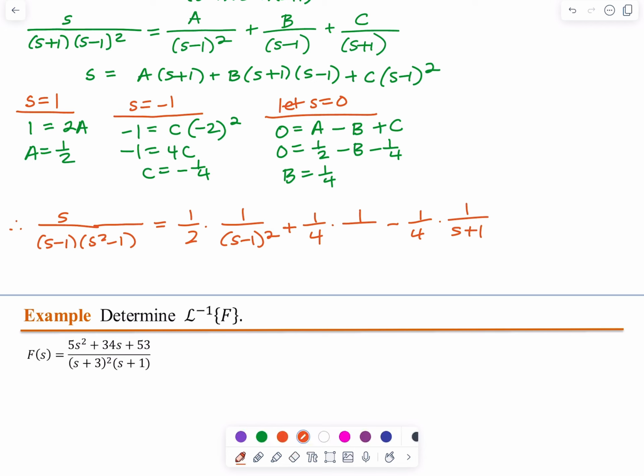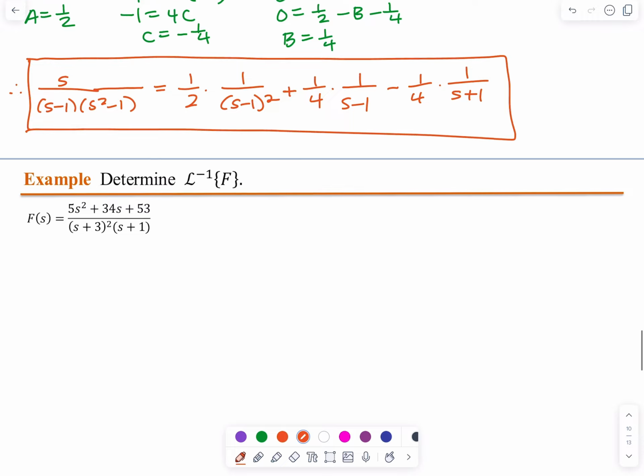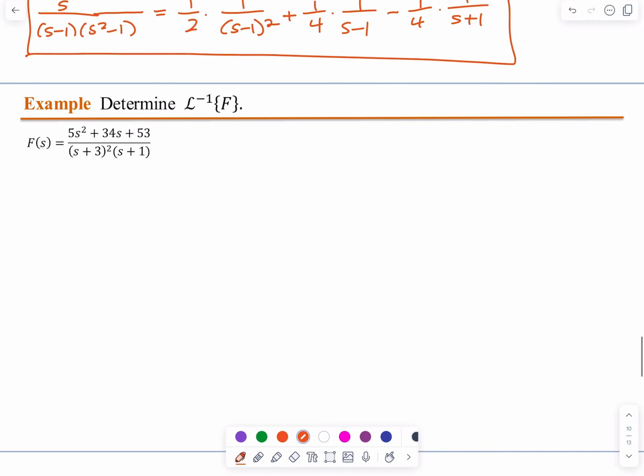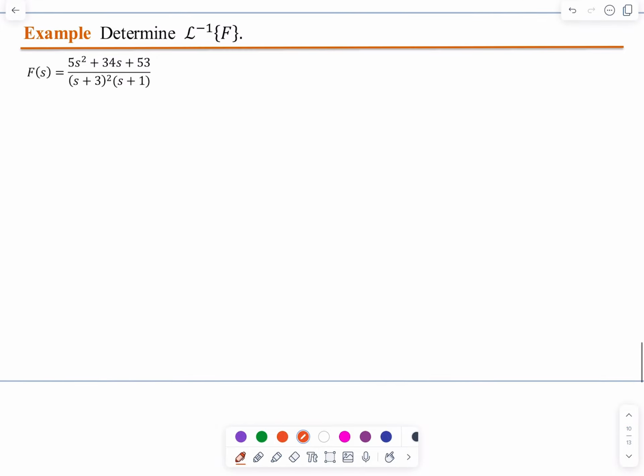Okay, let's see what we can do with what we have learned so far. And here we are going to find our inverse transform of this given rational function, capital F. Here we can see our denominator has a linear factor s plus 1 and then a repeated factor s plus 3.